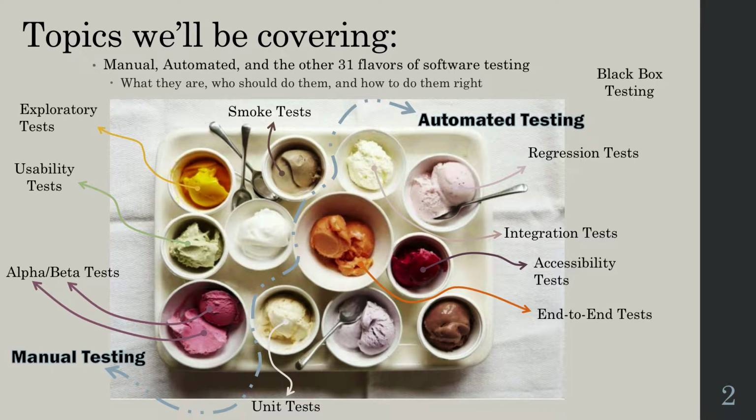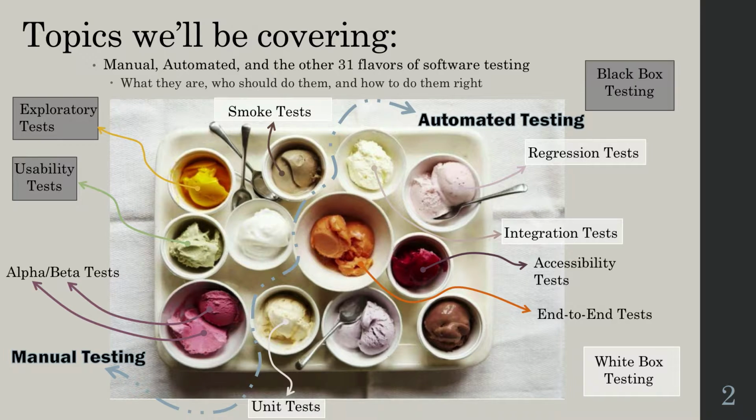You have exploratory tests, usability tests, alpha and beta, smoke tests, regression tests, integration tests, accessibility tests, end-to-end tests, unit tests down there, and we'll get to all of these. You also might have heard of black box testing and white box testing, and we'll get through those. This is roughly how you might put those in different categories. Some of them can be either white or black box testing, but I swear this will make more sense in a minute.